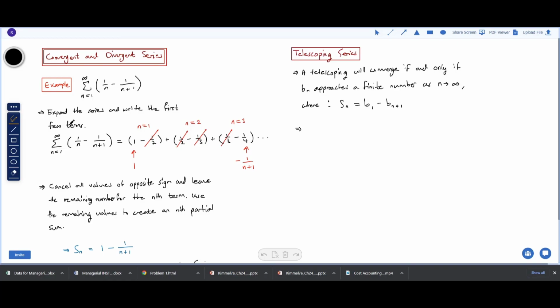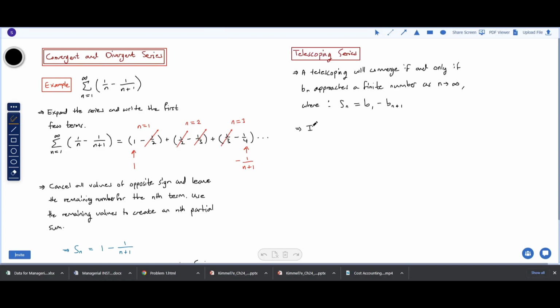So like b1 minus b2 and then plus b2 minus b3. You may have other patterns, right? Maybe b1 minus b2 plus b3 minus b2. It comes in different forms, but you're always canceling something out, right?